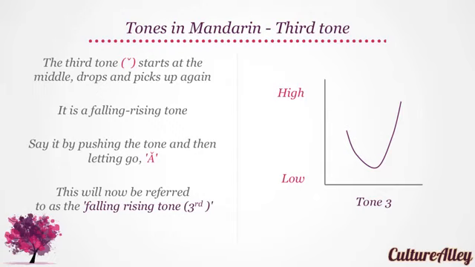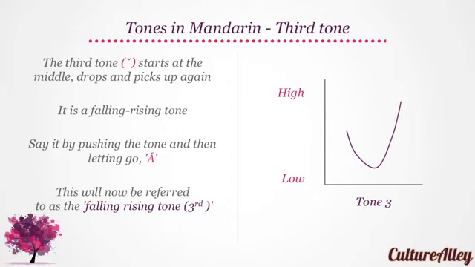The third tone is denoted by a small V over a vowel. It starts at the middle, drops, and picks up again, and is therefore known as the falling rising tone. A good way of learning how to say this tone is by pushing the tone and then letting go, like ah. Can you try ah?